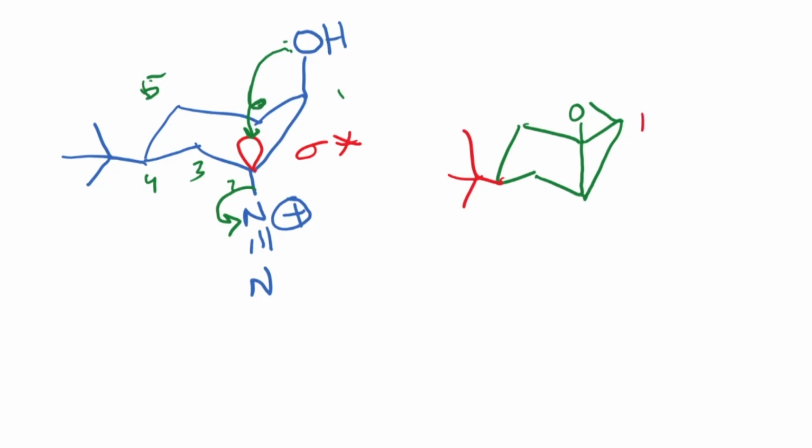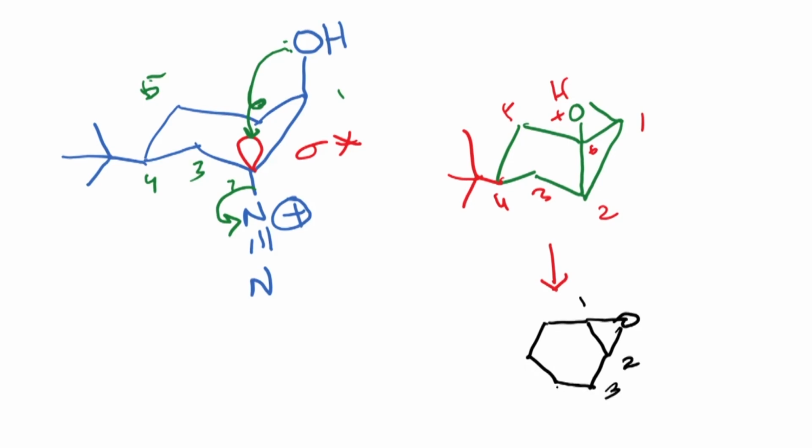So this is 1, there's a protonated epoxide, 2, 3, 4, 5, and that last carbon is number 6. This is going to lose a proton, and the final structure that we would get is the 6-membered ring with an epoxide between carbon 1 and carbon 2, 3 and 4. 4 has the tertiary butyl group on it, 5 and 6.